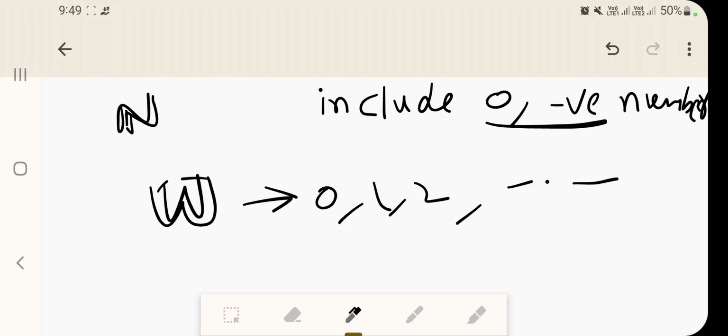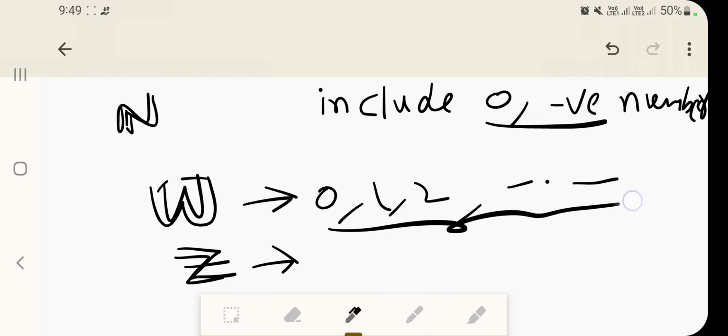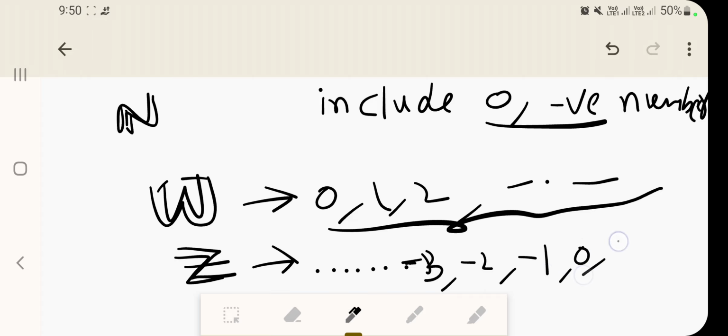Coming to integers, denoted by Z: all of 0, 1, 2, 3 and so on, and all the negative numbers, minus 1, minus 2, minus 3 and so on up to minus infinity on the left hand side, and 0, 1, 2, 3 and so on on the right hand side. All the negative and positive numbers including 0 are called integers.